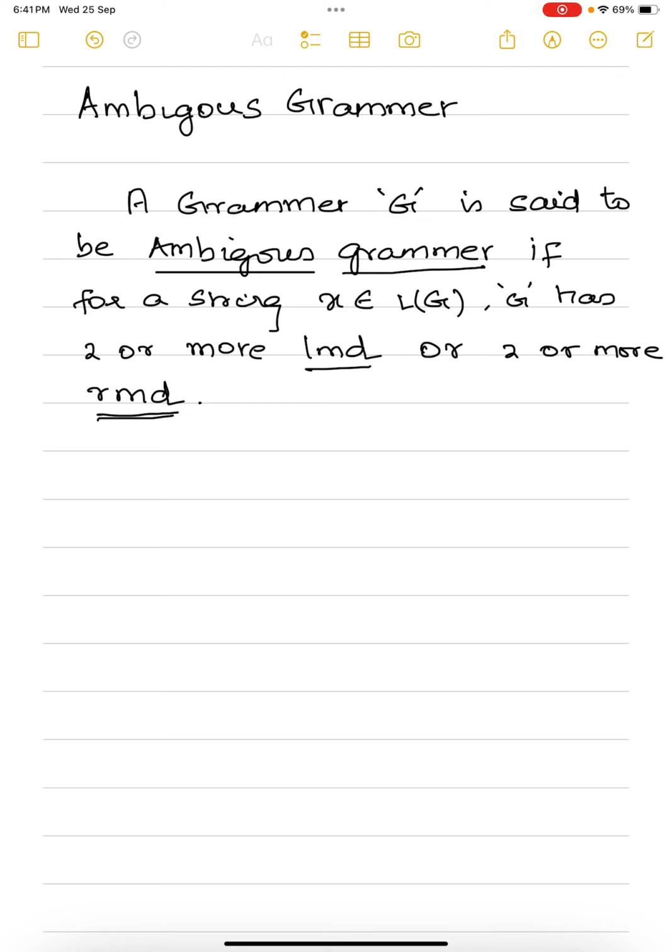Now let me explain this with the help of an example. We will take this grammar: S goes to AS or A, and A goes to AS or a. Now we'll take an example string aaa.